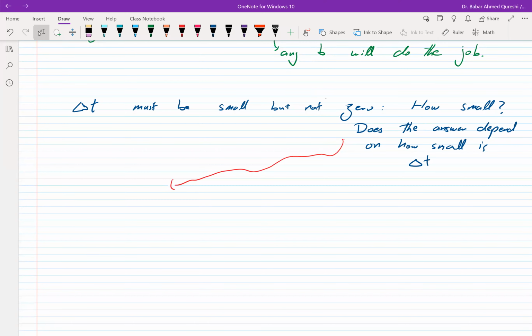Not making it exactly 0, but still getting to an answer which will be 2 for very, very small delta t, and which does not depend on how you make this small. This is related to the concept of limit.